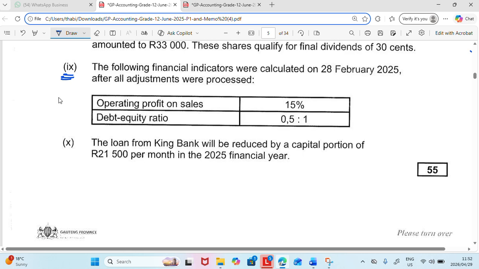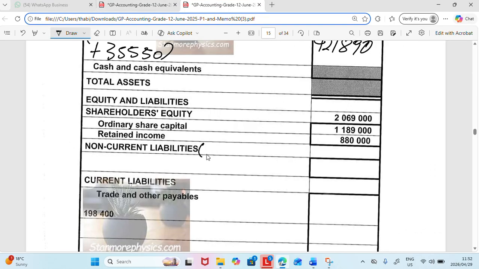It means now that 0.5 represents what? Our non-current liabilities. So we already have shareholders equity of 2,069,000. Guys, for grade 12 and even grade 11, you need to know how to use your ratios on the balance sheet.